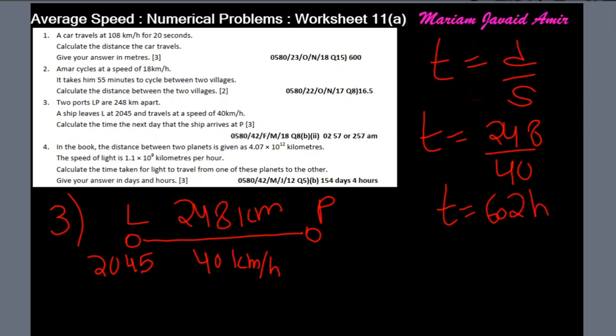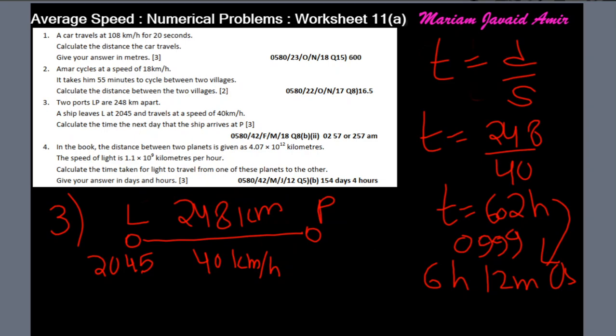Now if you click this button, it will convert this time into hours and minutes. Press this button on your calculator. It has a dot and 3 commas. So you'll get 6 hours, 12 minutes and 0 seconds. So add 6 hours and 12 minutes to the given time and we should get the answer.